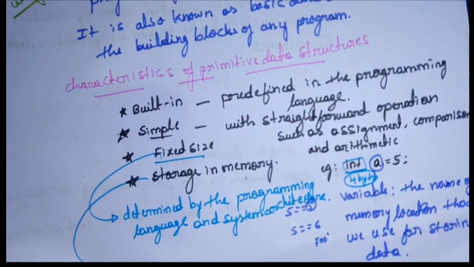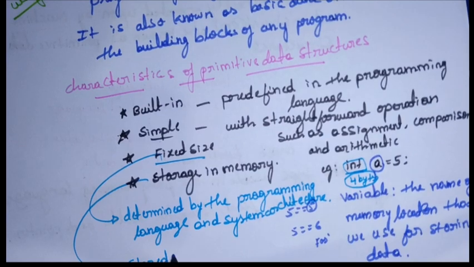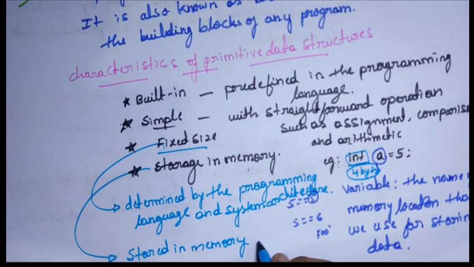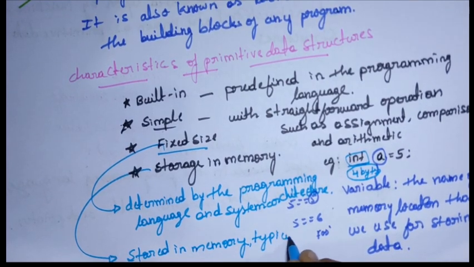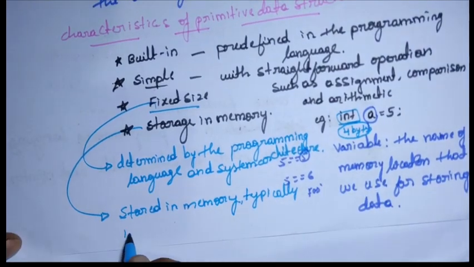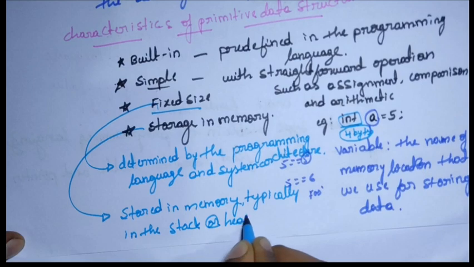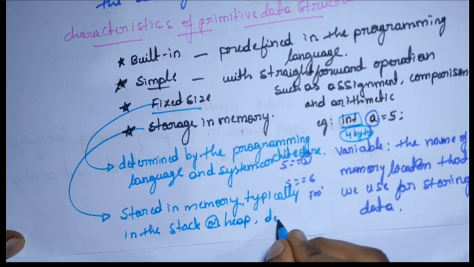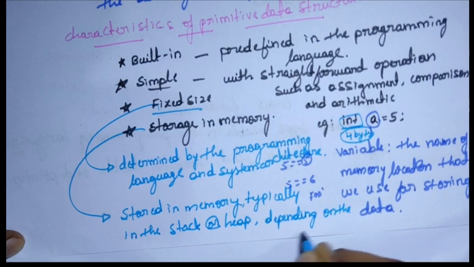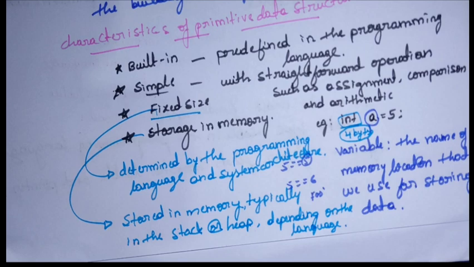So next we will move on to storage in memory. The primitive data structures are stored in memory, typically in the stack or heap, depending on the language and the way they are created.